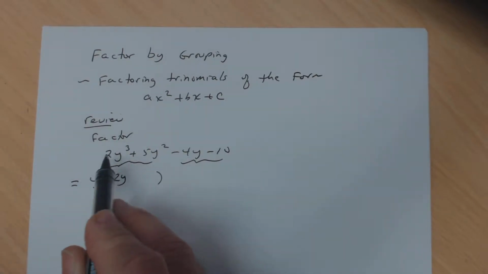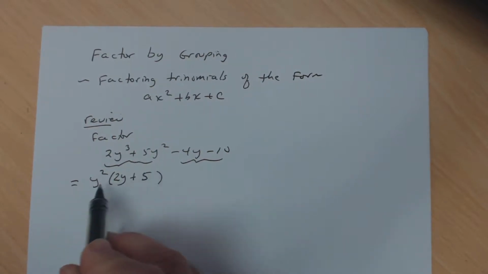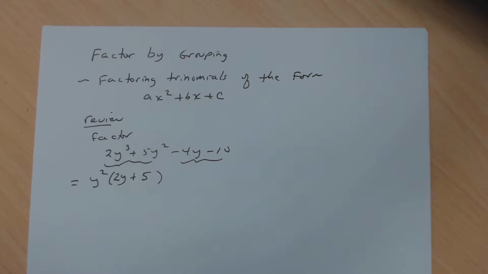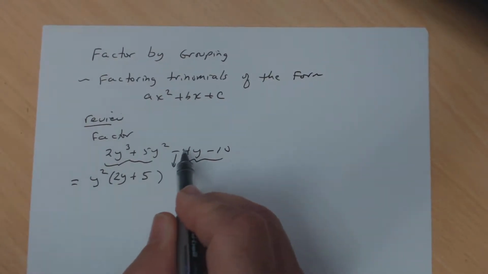Y squared times 2y will give me 2y cubed. So remember the distributive method, plus y squared times 5. Y squared times 5 will give me 5y squared. All right, in the second group, remember that you look at the sign of that third term.